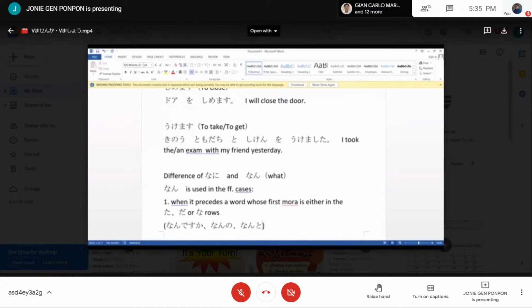Kadalasan ginagamit yung nanto is, nanto iimas ka. Parang how to say it or what did he or she say. Ano yung sabi niya? So if the first mora is in the T column, D column, or N column, then the what na gagamitin is nan.